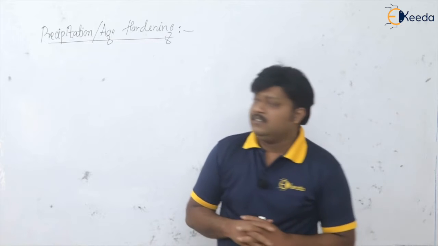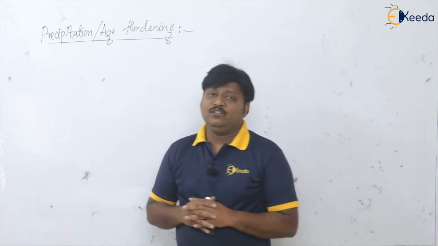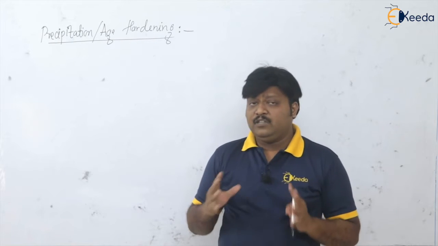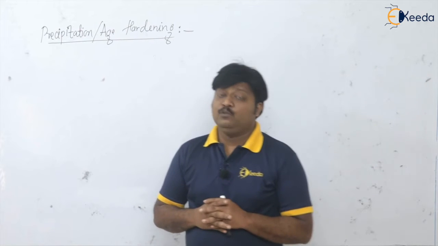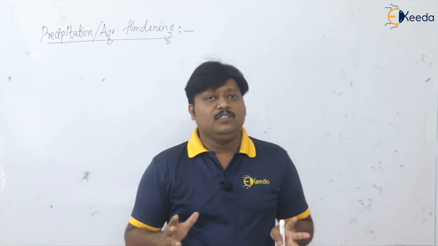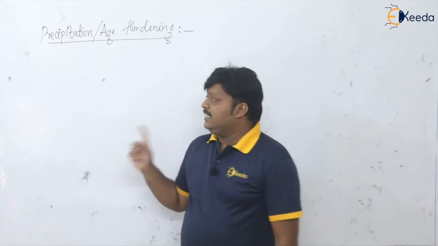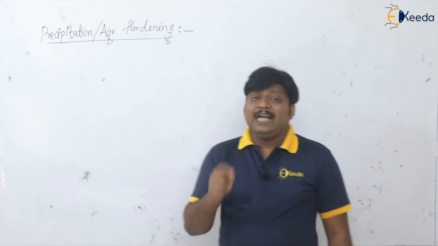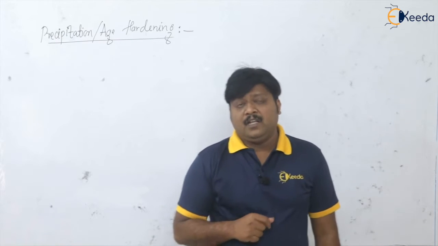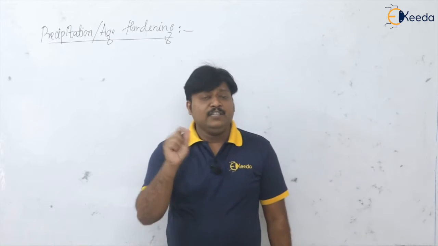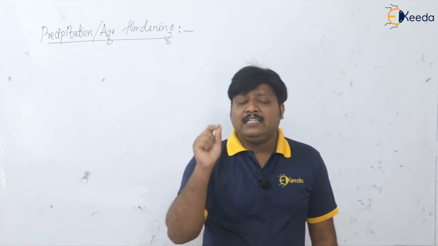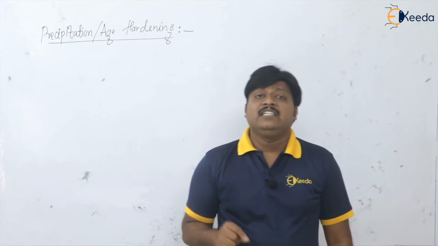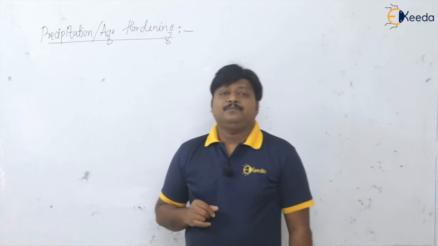Dear students, this mechanism is actually very interesting, and you can find it in non-ferrous alloys, that is the aluminum alloys. This process was started in the laboratory of Alfred Wilm, who was working on the strengthening of aluminum alloys, and he was also trying to generate a new aluminum alloy.